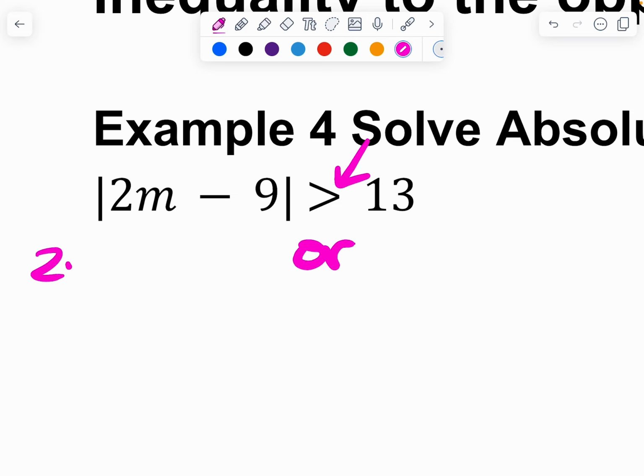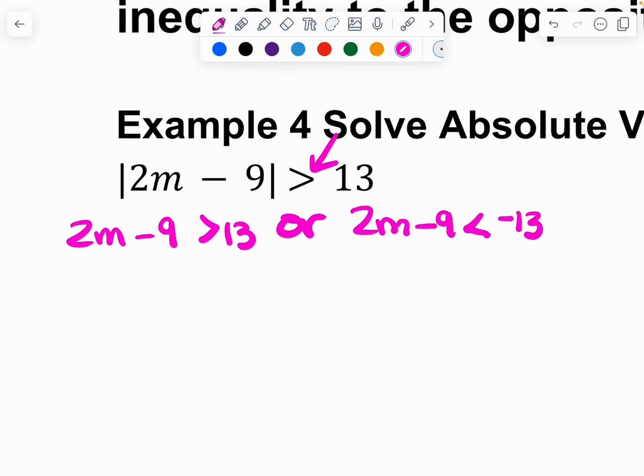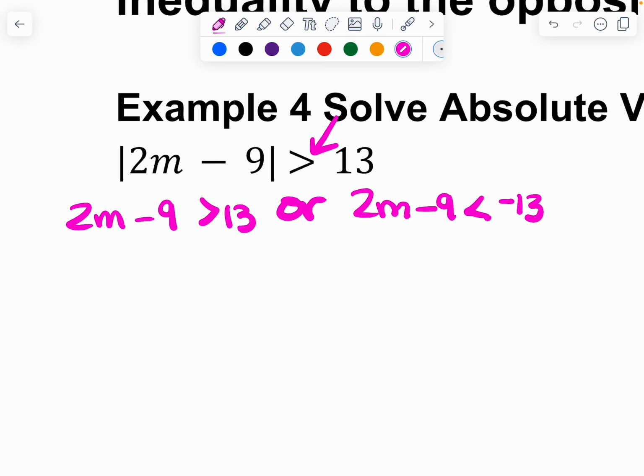So I take 2m minus 9 greater than 13, and then 2m minus 9, you change that to less than, and you make it negative 13. So it's either going to be above that number or below the negative of that number. I add 9 to both sides.